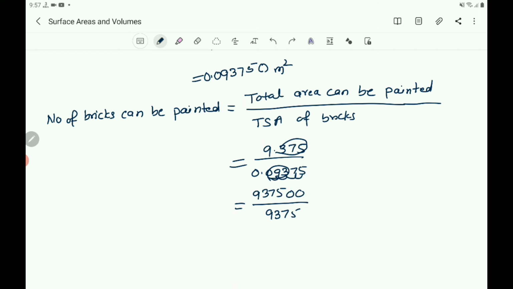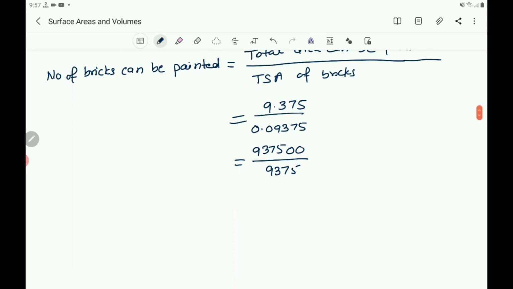Totally you have to shift 5 digits to the integer place. Then it becomes 9375 ones are 9375 hundreds are, so it becomes 100 bricks.